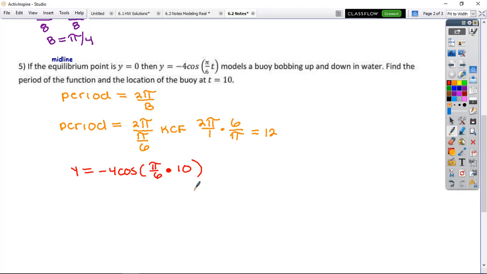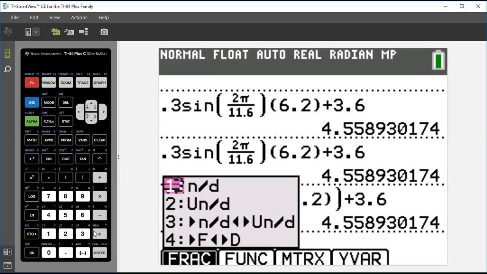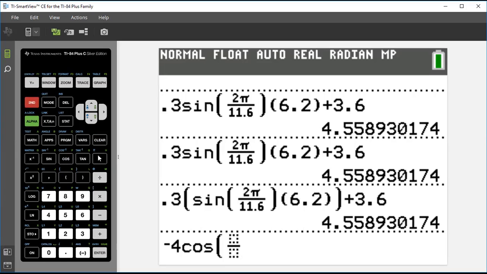And you're going to go pi over 6 and multiplied by 10. I guess I'll put that up here just in case people need it. I will try. Let me go slow. So -4 cos, and we're going to go pi over 6 and times 10.